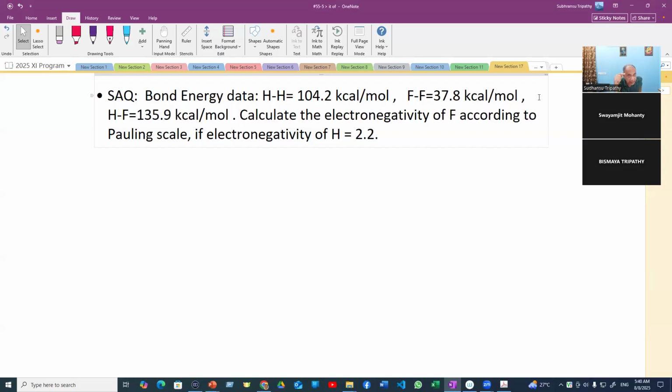These are AA, BB, and AB. Calculate the electronegativity of fluorine according to the Pauling scale. And one of them has to be a standard reference. Hydrogen is given to be 2.2.